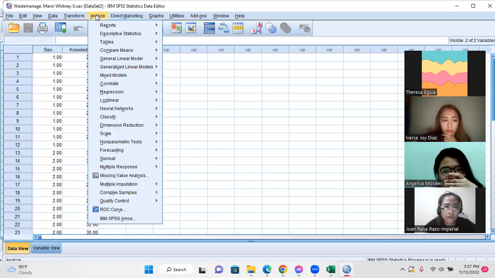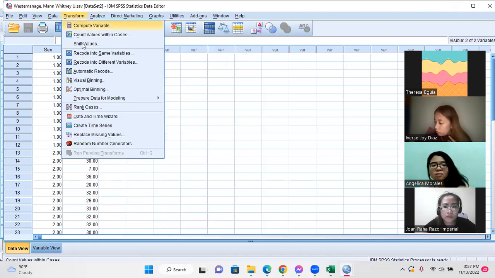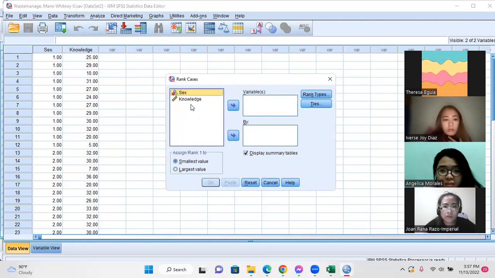Transforming ranks pa. Sorry. So, nakuha na natin ang mean and standard deviation. Now, transforming ranks pa pala. Sorry, kasi ang dami talagang pipindutin eh. Ito, rank. Transform, rank cases. Select variable. Yan, knowledge.